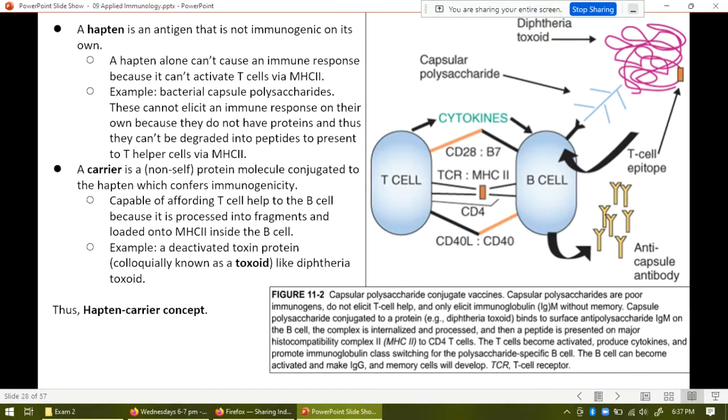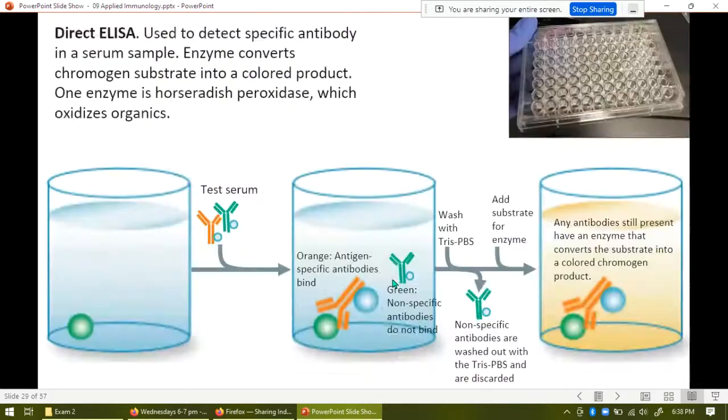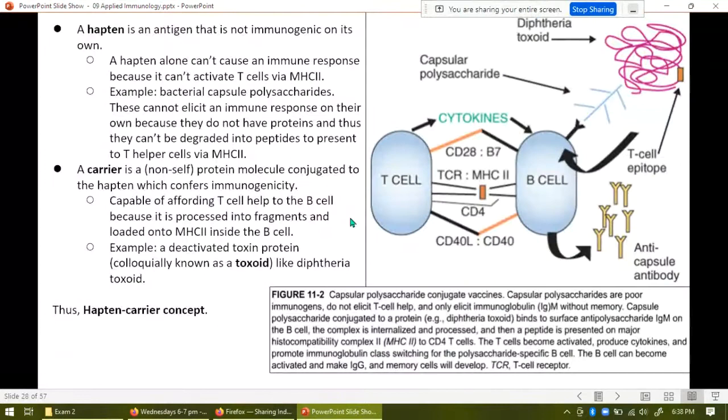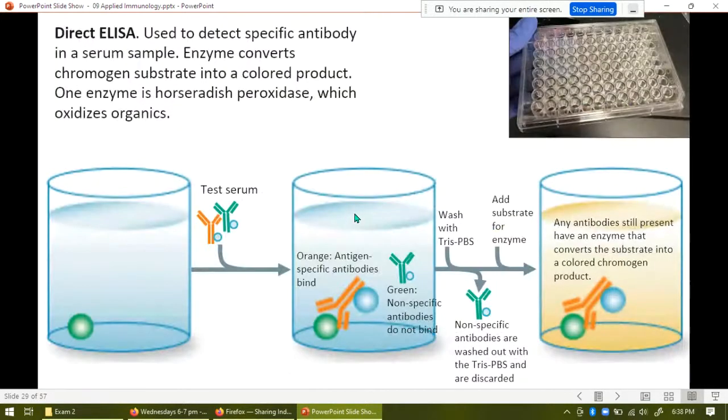And that's with only that disease. So you can imagine when this is applied to everything that the human race used to suffer from, it's really reduced a lot of death and disease. So that is the hapten-carrier concept of conjugate vaccines. Hopefully I explained it to your liking.